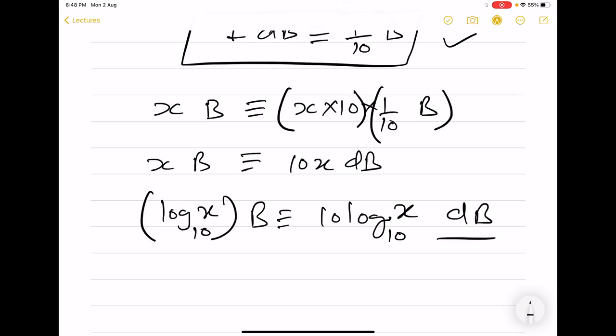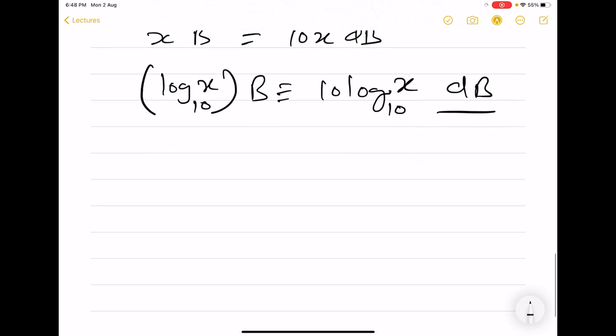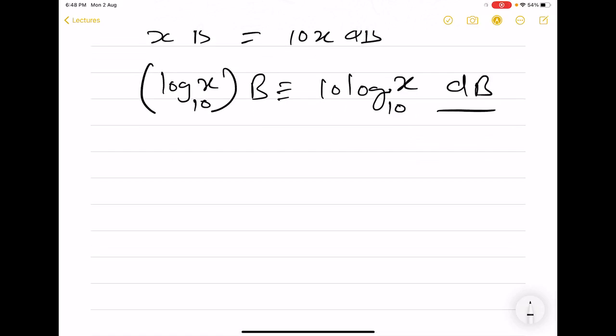Now we started this discussion for a quantity x which is unitless, for example, power gain. But we would also like to represent quantities with unit in logarithmic scale. Say, for example, power itself, or the input power to the amplifier, or the output power of the amplifier.